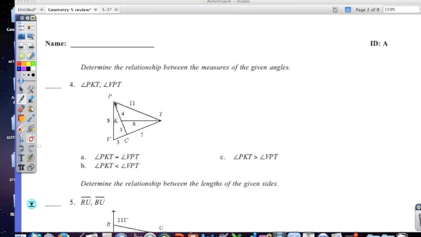Angle PKT is across from PT, which is a length of 11. Angle PVT, it's VPT. VPT is across from the segment VT, which is a length of 10.